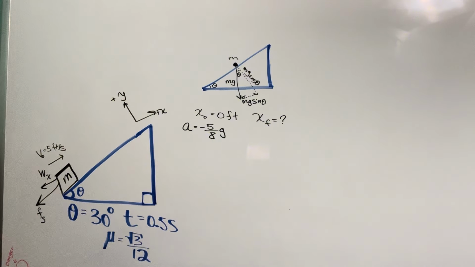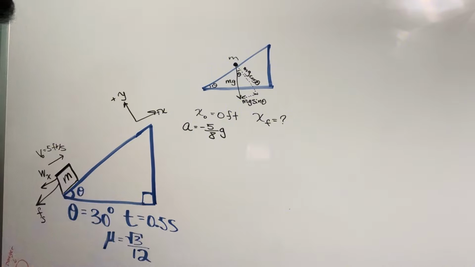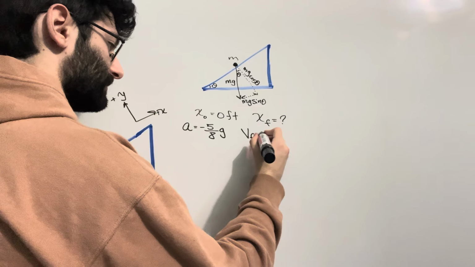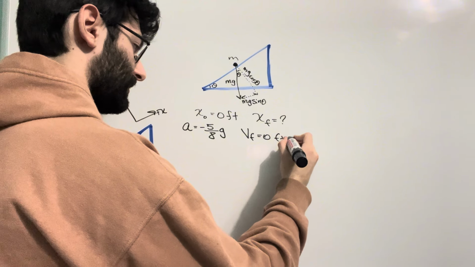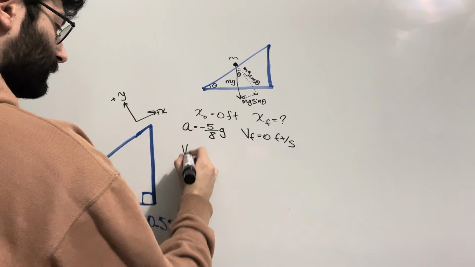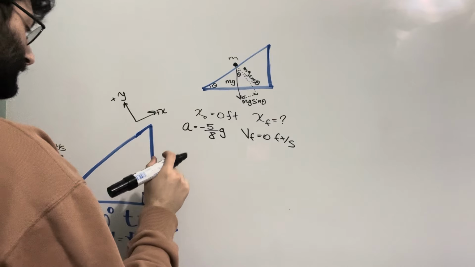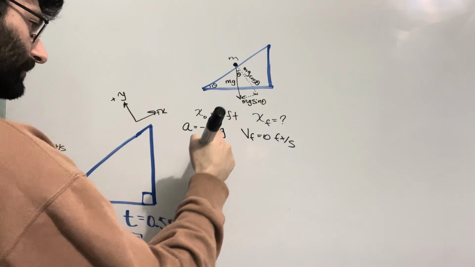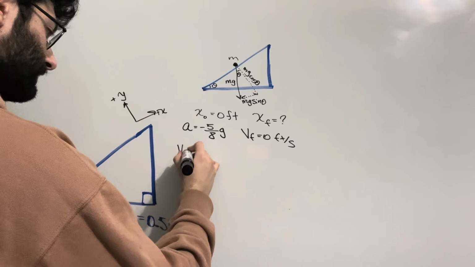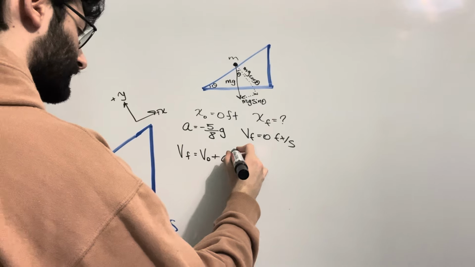Now we can say that our final velocity, once it decelerates, is going to be 0 feet per second. And from this, we could use our first kinematic equation to solve for the time it takes to reach this final position. That gives us v final equals v initial plus acceleration times time.